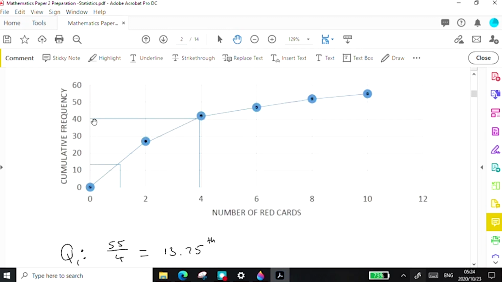Looking at the y values, 13.75 should be somewhere around this position, slightly above 10.